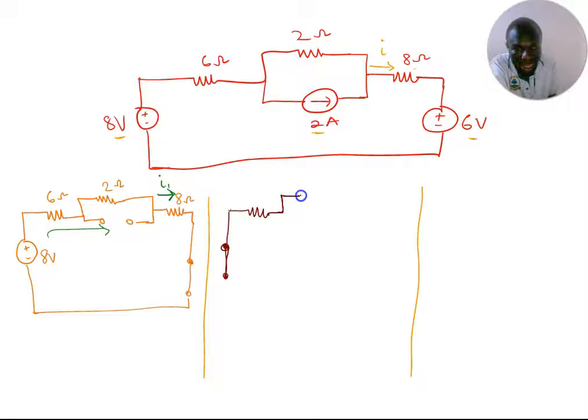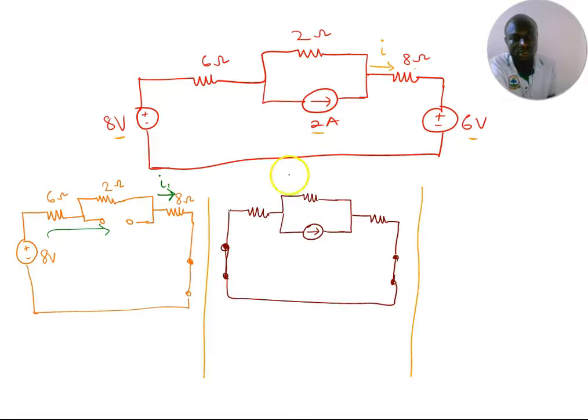So here, I'll maintain the 2 amps current. So I have the current source here, moving this way. Then, I have my resistor here. So I'm removing the 6 ohm. Right, so I'll short circuit the path.